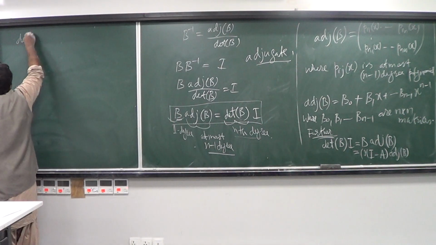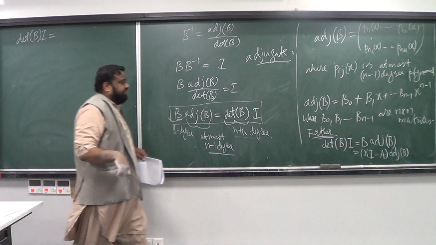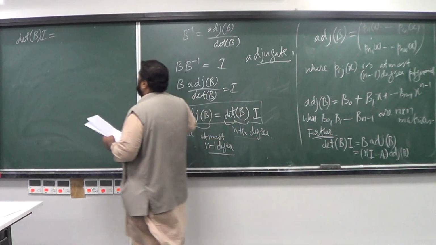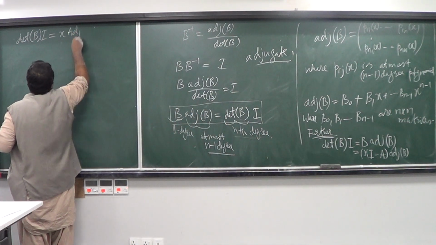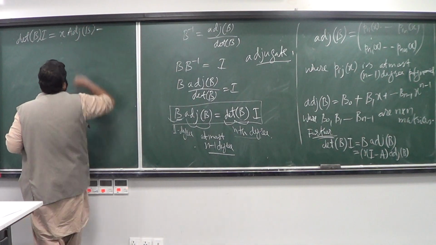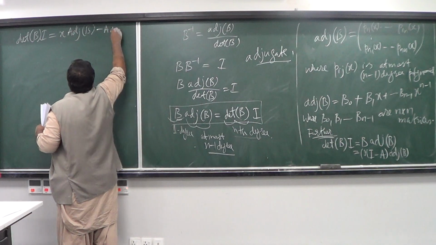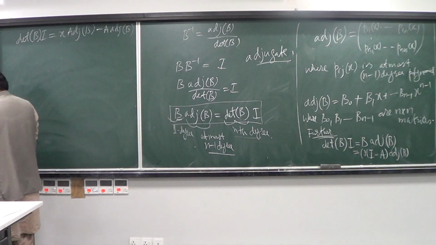You're going to get determinant of B multiplied by I. If I take this matrix and multiply with each term, I'm going to get x multiplied with the adjoint matrix of B minus A multiplied with the adjoint matrix of B. That's what we're going to get.